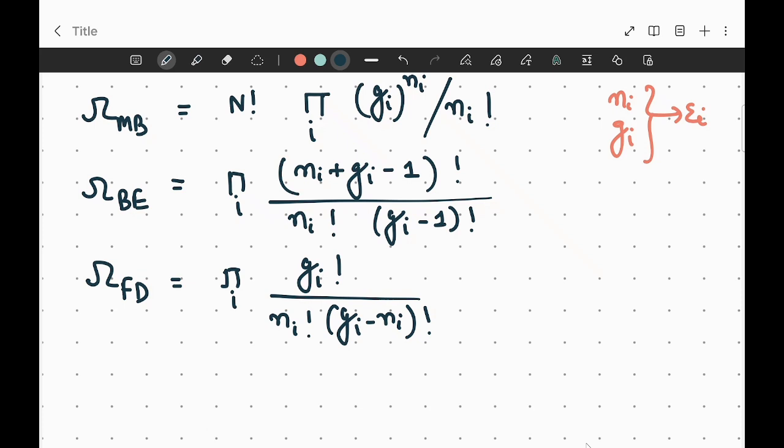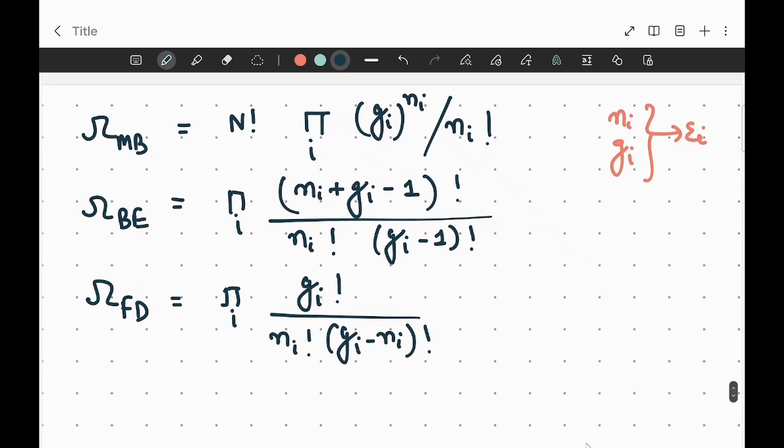In thermodynamics, there should not be any degeneracy. Why? No two particles can exist in the same energy level. Degeneracy means the number of states with the same energy. Particles may not be there; vacant is allowed. For Fermi-Dirac, g_i must be greater than or equal to n_i, because in one state there will be only one particle at maximum.